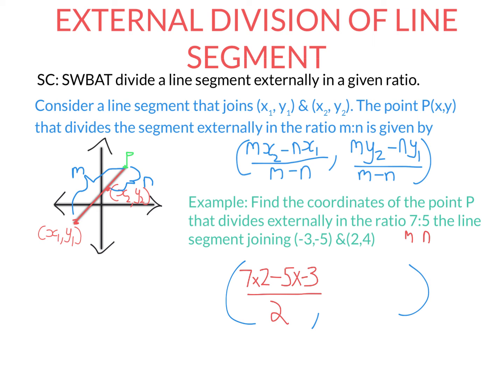Similarly, for the y coordinate, it is m times y coordinate of the second point minus n times y coordinate of the first point, all divided by m minus n.